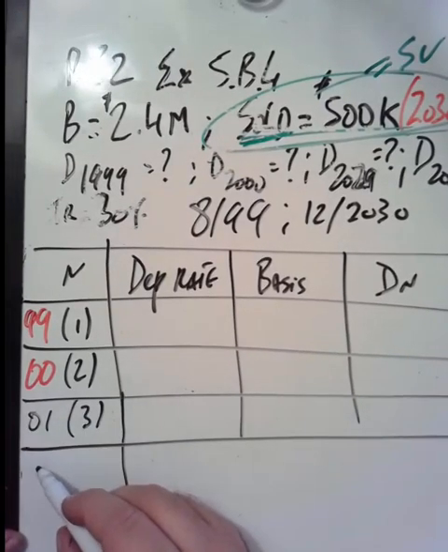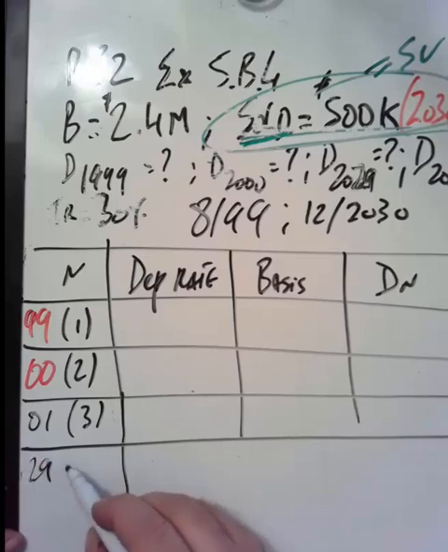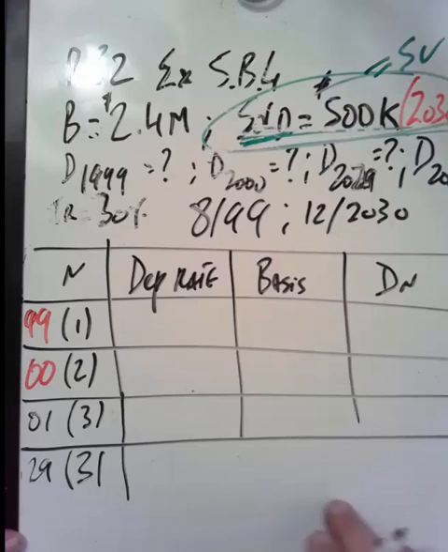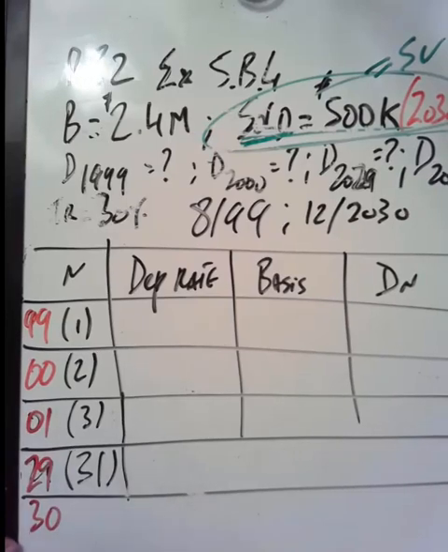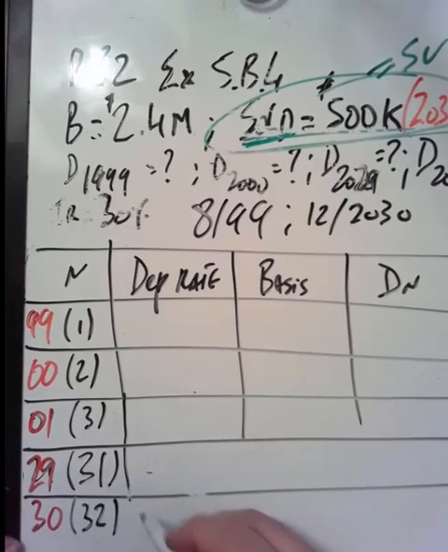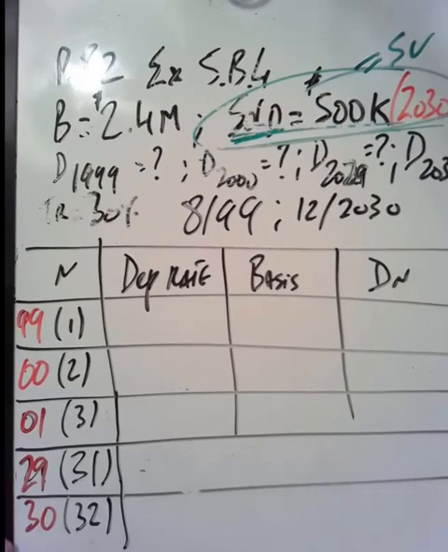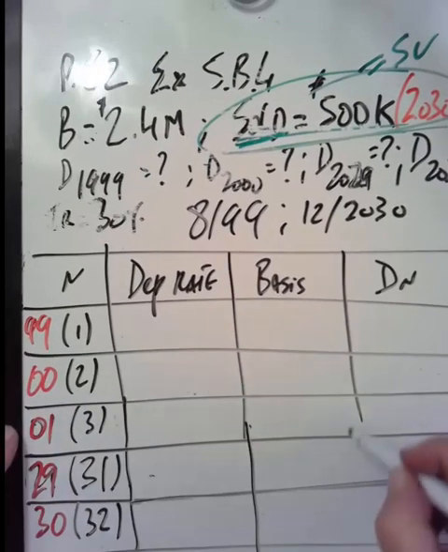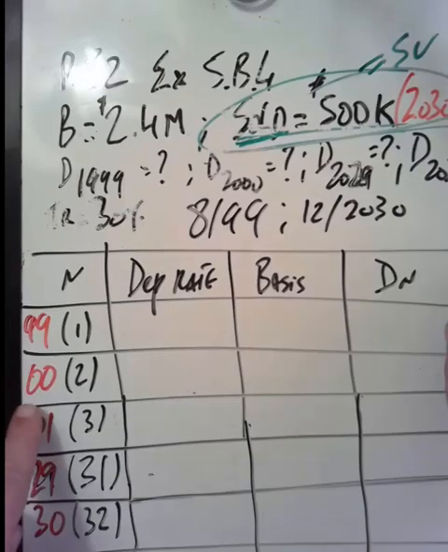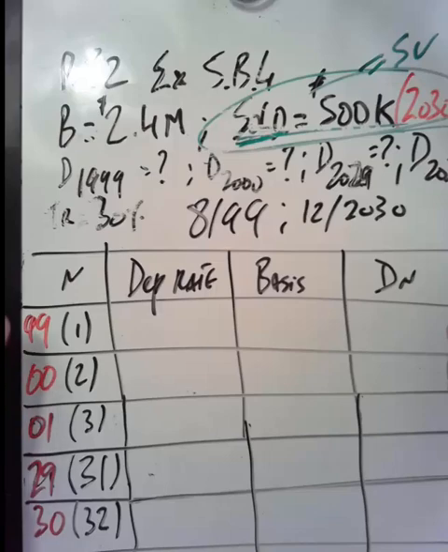So the year 2029 will be year 31, and the year 2030 will be in fact the 32nd year we were recording depreciation. Make sure you don't mess up this. Usually people forget the year 0, right, when we're talking about crossing over decades.